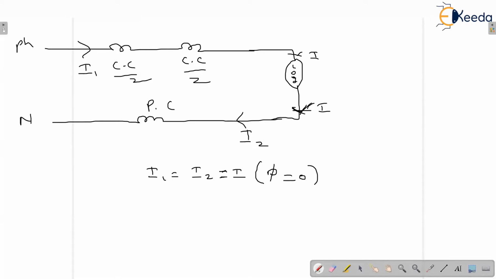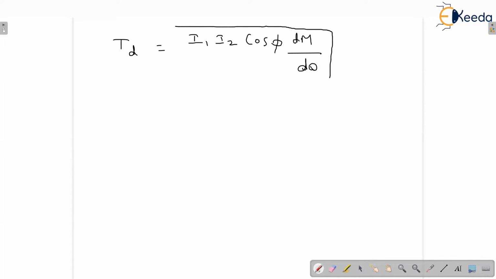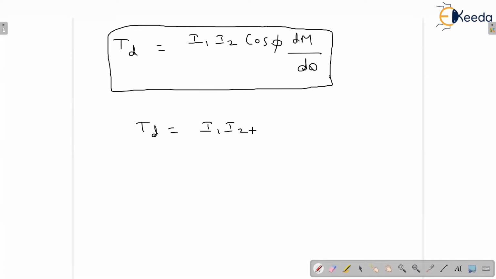And the next, TD is equal to I1 I2 cos phi dm by d theta. This we have already derived at final steady state position. So finally TD becomes I1 I2 dm by d theta.